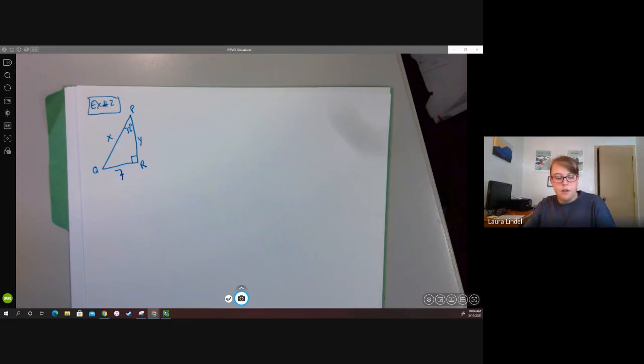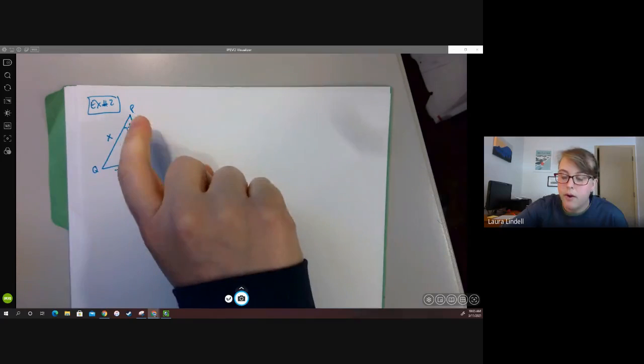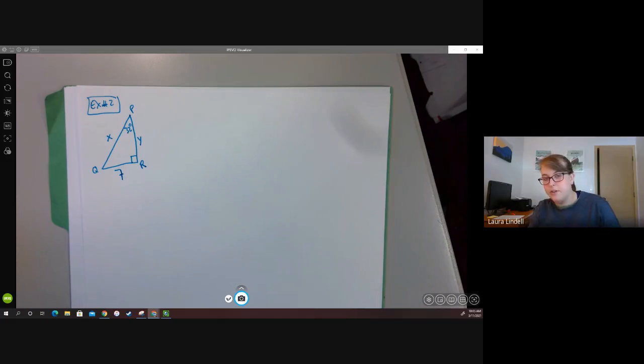Okay. So step 1, label all of the sides with respect to the angle that you know. So the angle we know is angle P. Go ahead and label the sides opposite, adjacent, and hypotenuse with respect to angle P. When you've got your sides labeled, put "got it" in the chat.